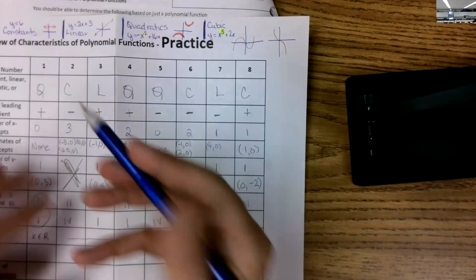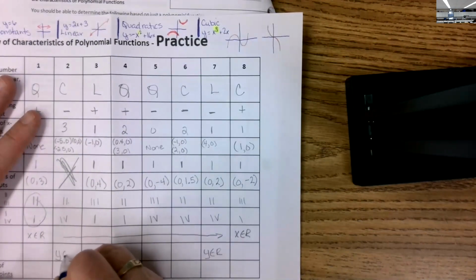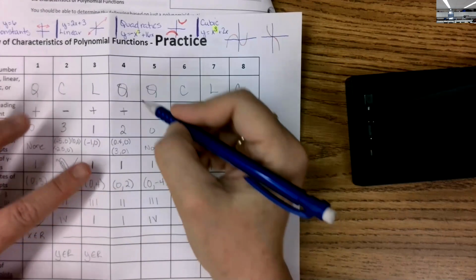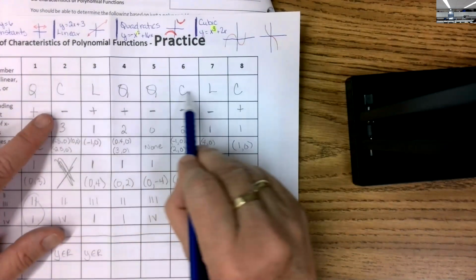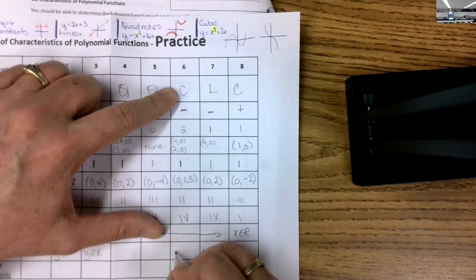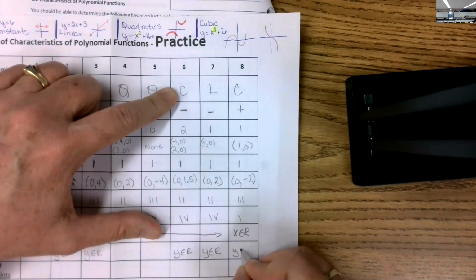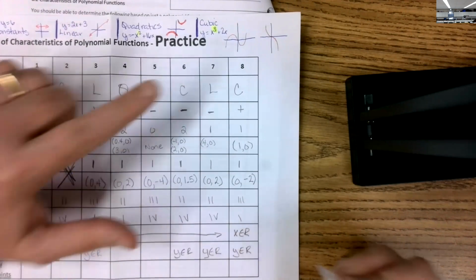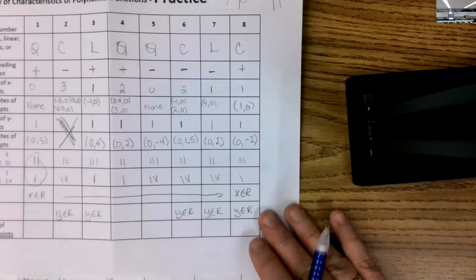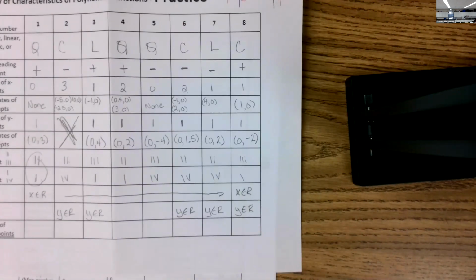So now I'm going to go on my cubic ones. There's a cubic. There's a cubic. So I'm going to go down. And there we go. Look at that. Half of that without a whole lot of work.